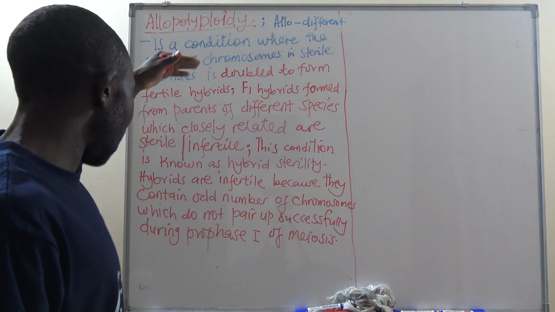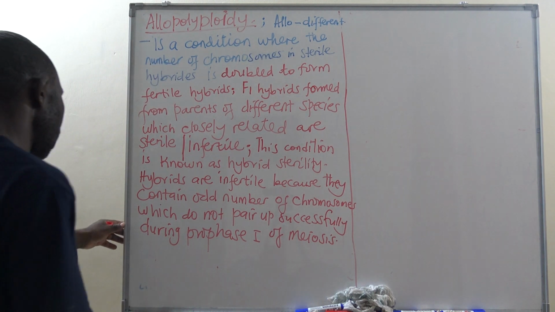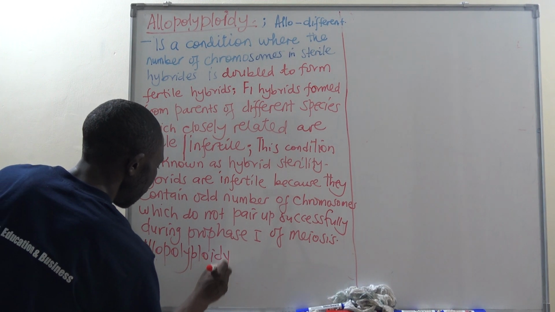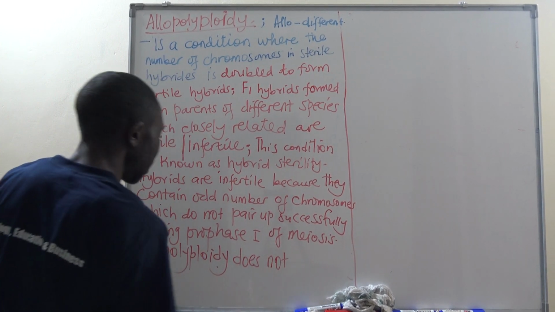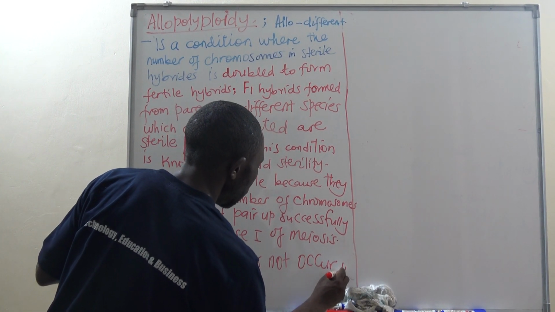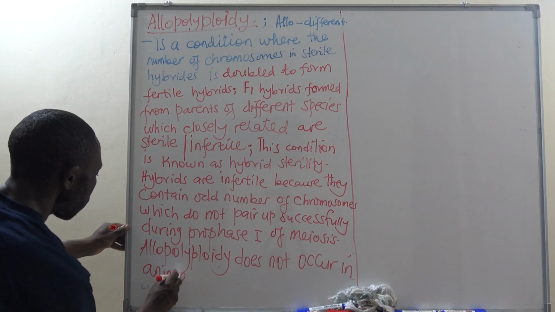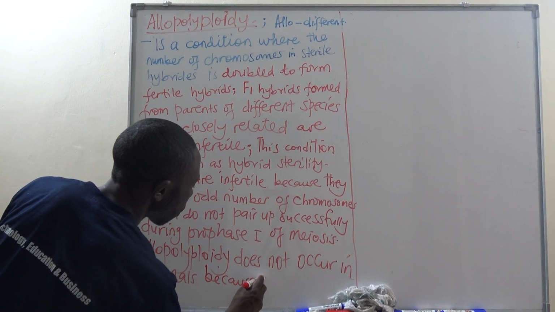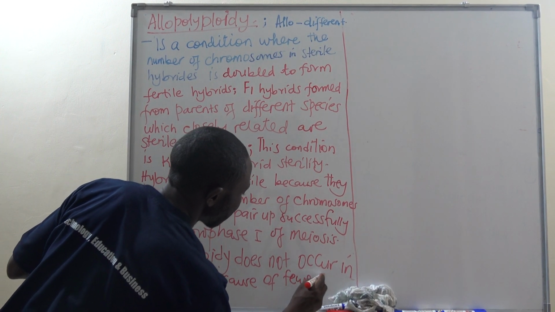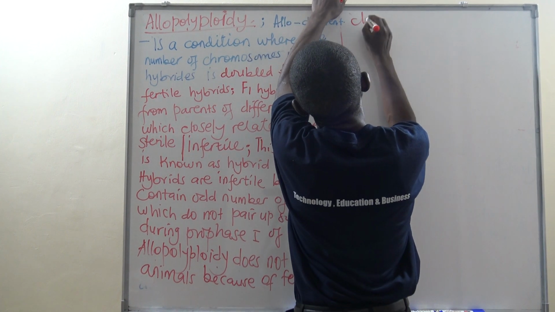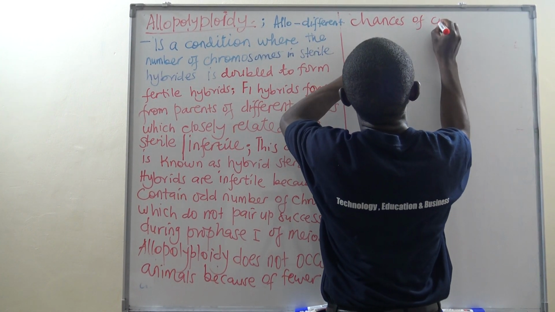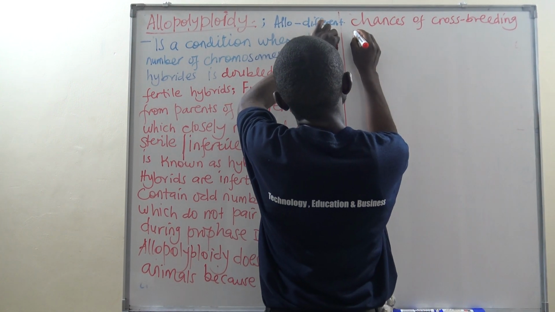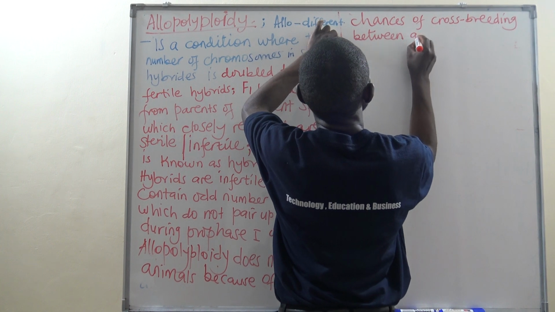Now, allopolyploidy does not occur in animals, because of fewer chances of crossbreeding between animal species.